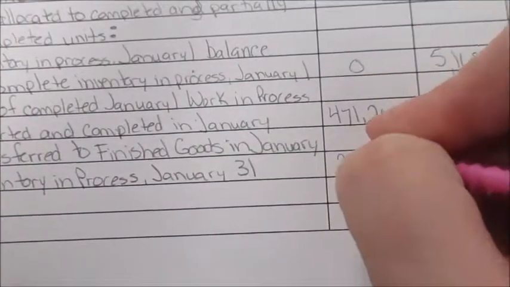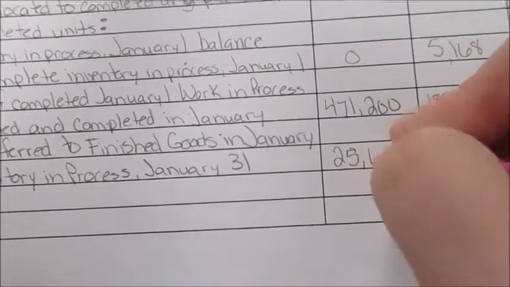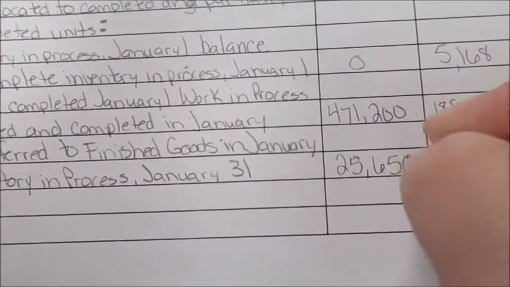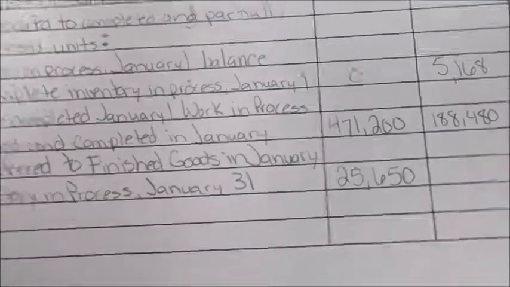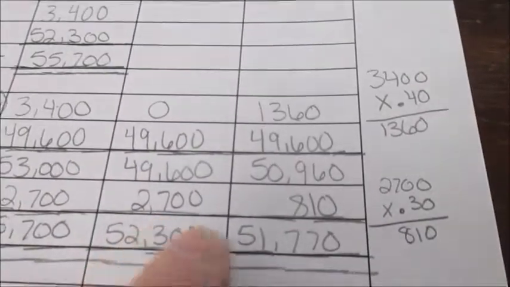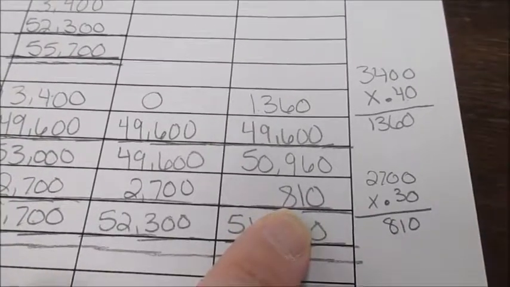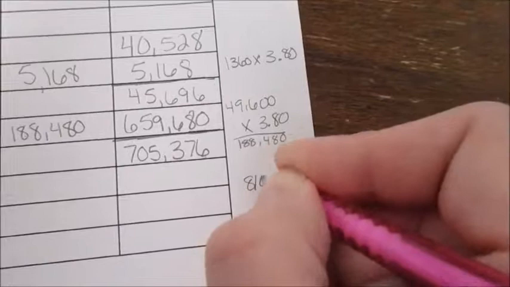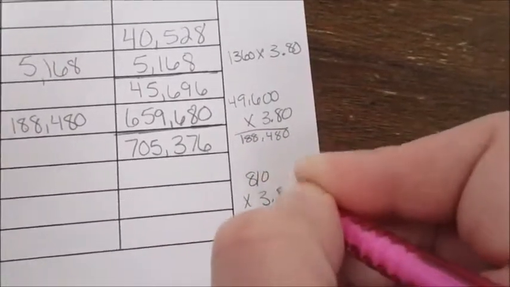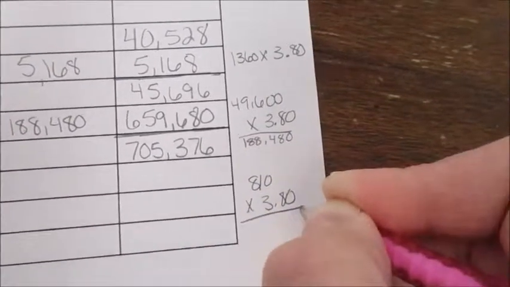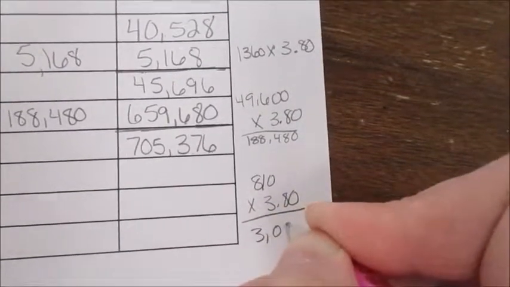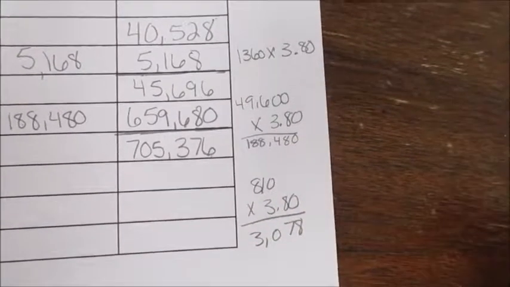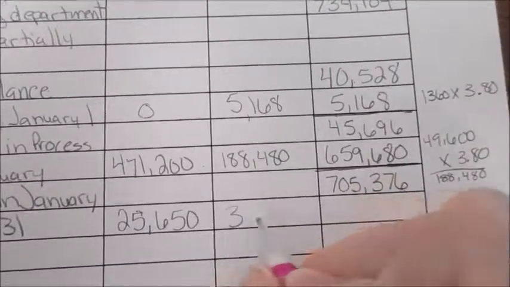So that's what's going to go in our first spot. And then look at the same line. I'm going to take the 810 conversion and multiply it by the 3.80. And when I do that, I'm going to get 3,078. So that's what's going to go here.